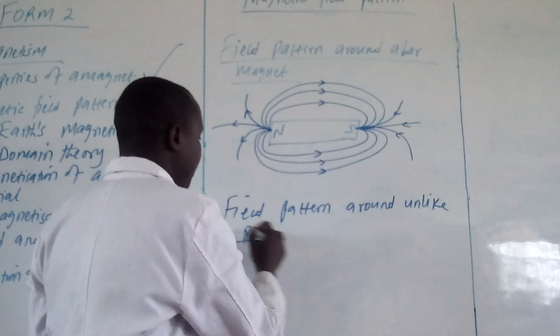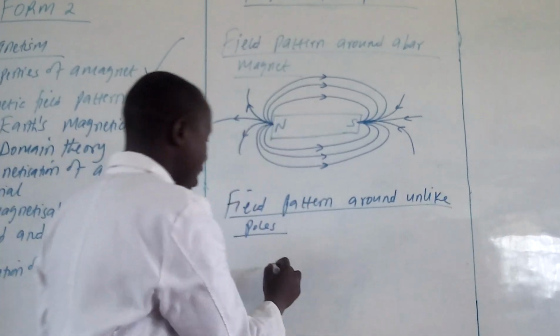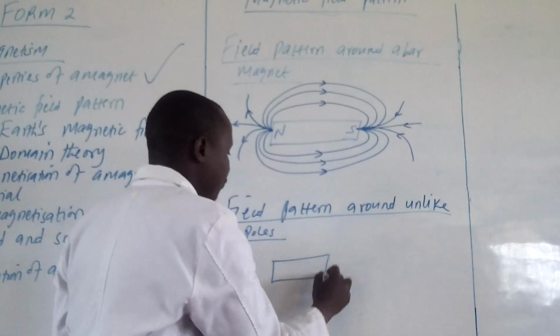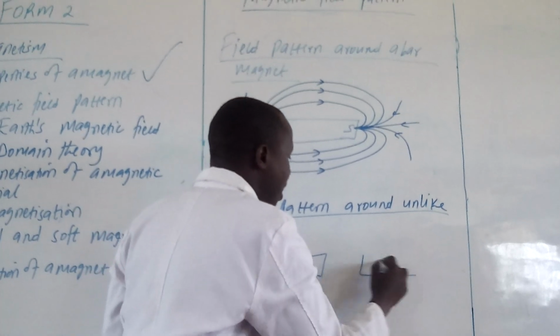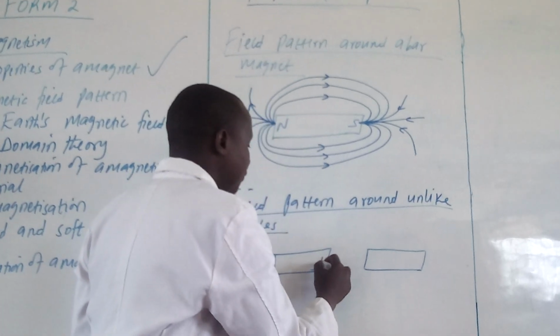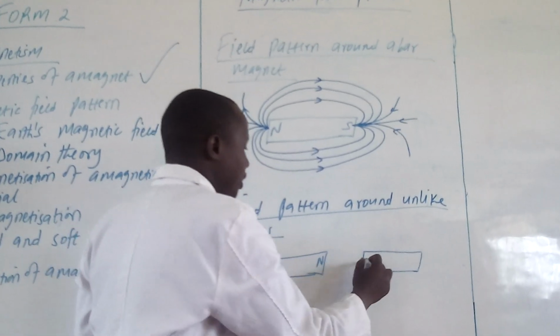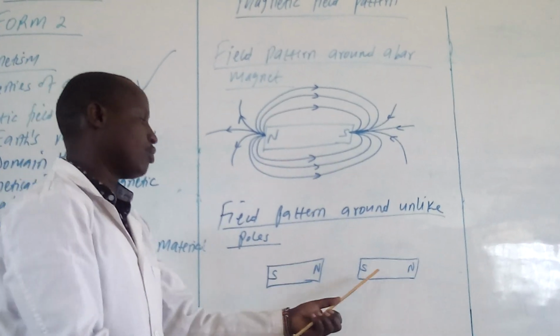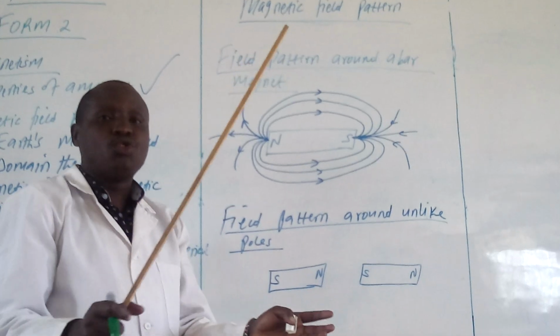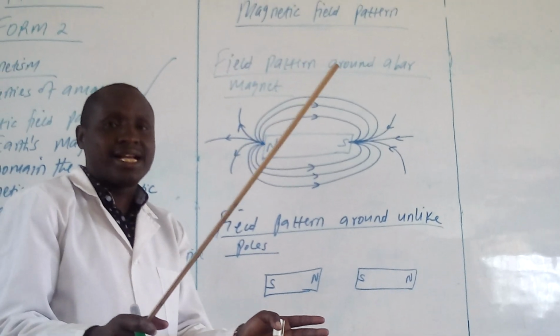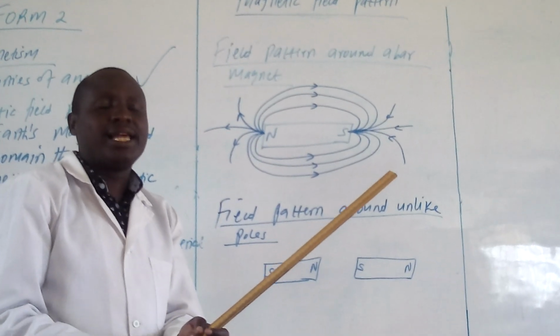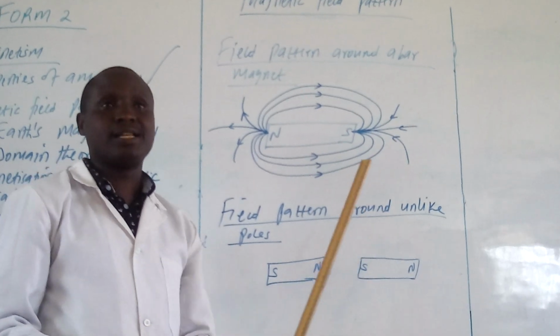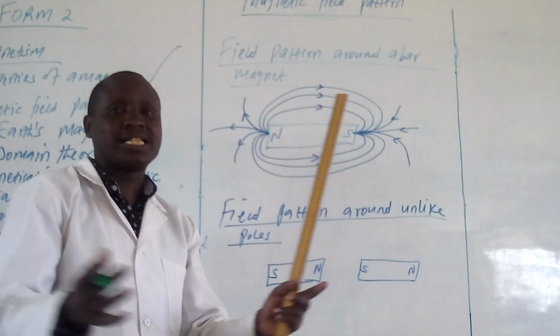For example, if we have two bar magnets, and we have here north, this one is south, this one is south, and this one is north. The two are unlike poles. When you bring the two unlike poles closer together, then in the basic law of magnetism, we say it will attract each other.